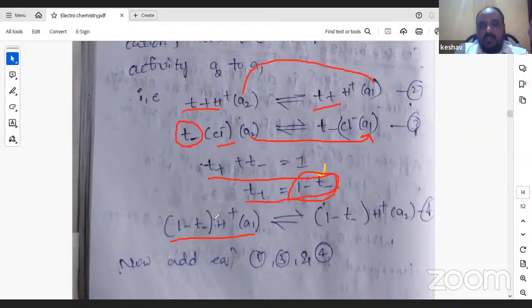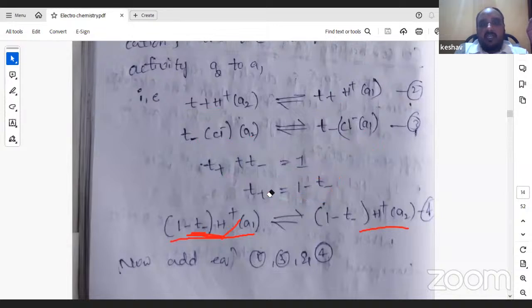But here, those H+ ions are represented with the oppositely charged transport number, that is T-. At that time, it becomes reversed, that is A1 to A2. Therefore, 1 - T- of H+ of A1 to 1 - T- of H+ of A2, right? So keep this in mind.